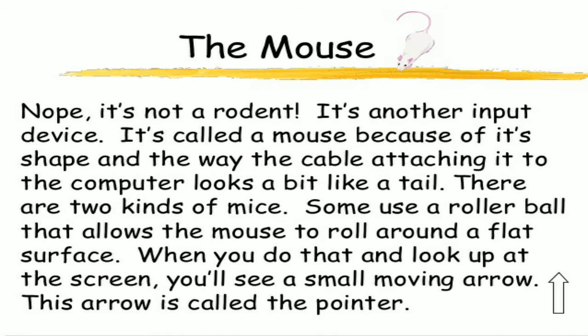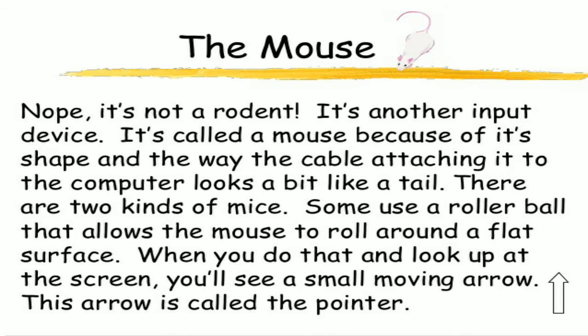So here we find these types of arrows. The mouse is an input device, and it's called a mouse because of its shape and size, and the way the cable attaching it to the computer looks a bit like a tail.